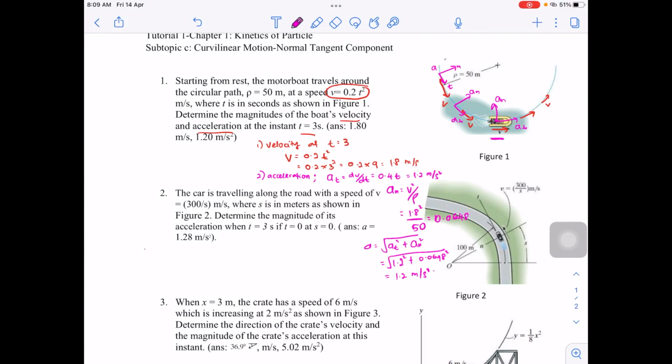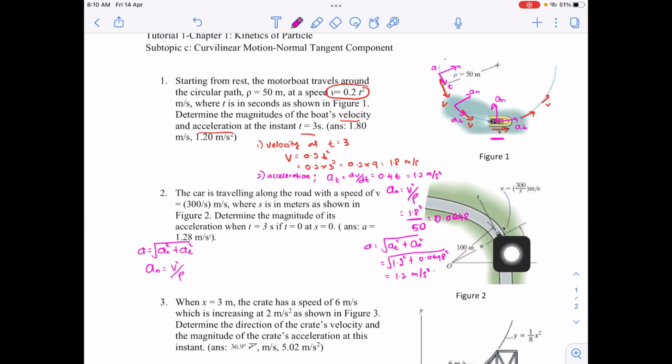To find the magnitude of acceleration, it's the same equation: a is the square root of an squared plus at squared. So what is an? An is v squared over rho. You need to find what v is at this particular time.